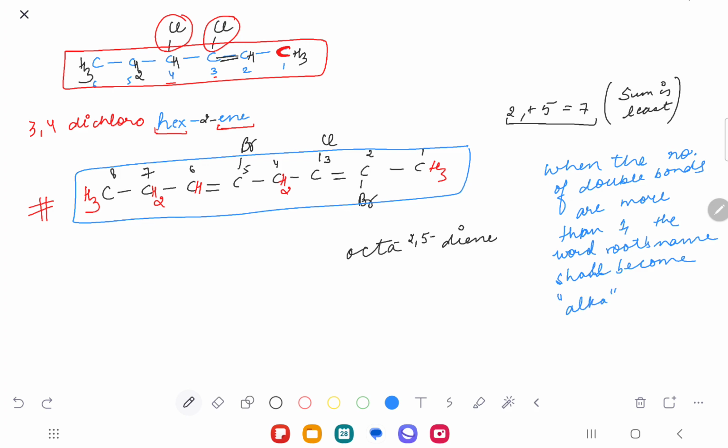Do you understand? Like penta, buta, hexa, etc. Yes or no?